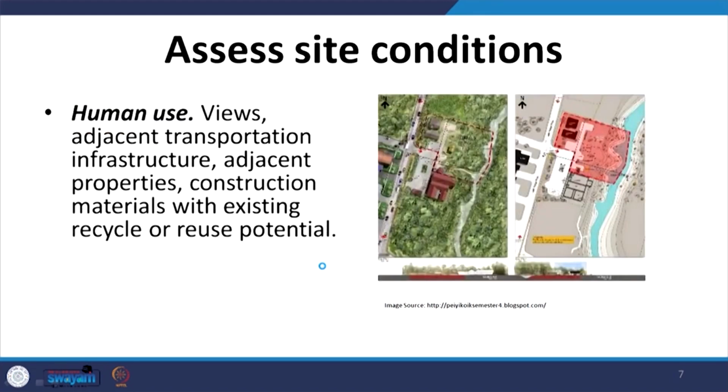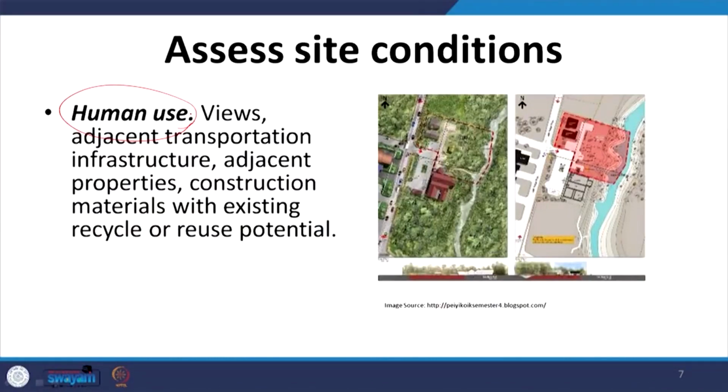Now, besides these physical and tangible aspects of resources which are already present, we should also look at how the humans have been using the site, or what are the possibilities in which the humans can use. Now, here we would do this on the basis of some factors.